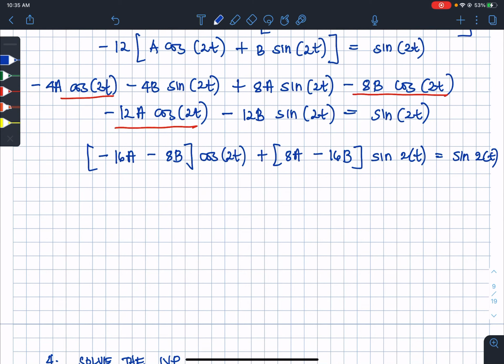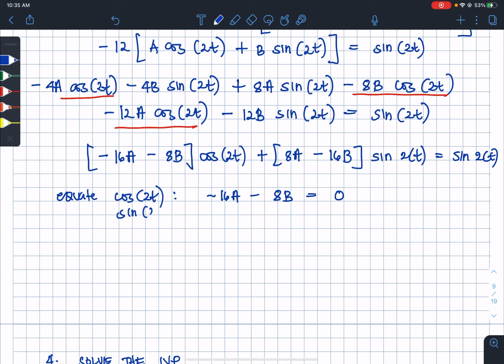Here, we're going to equate those terms involving cosine 2t. On the left hand side, that would just be negative 16a minus 8b. On the right hand side, we don't have cosine 2t, so that is 0.